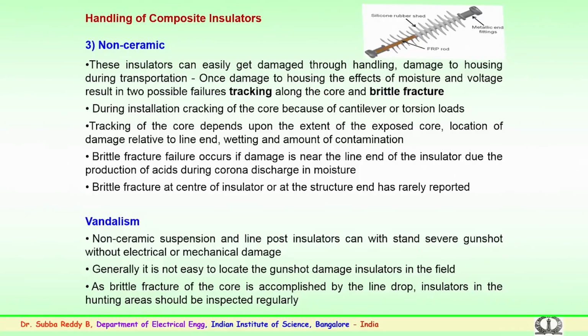Insulators in hunting areas should be inspected regularly, that is in case polymer insulators are employed where people are prone to shoot these insulators. So, regular inspecting is essential for EHV and UHV lines.